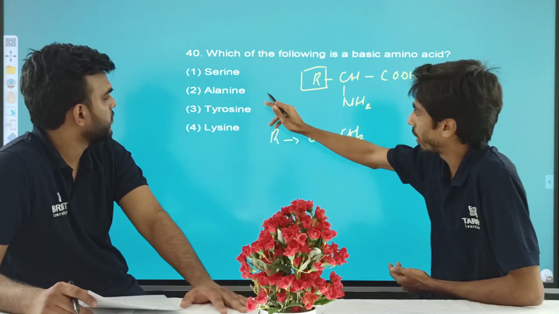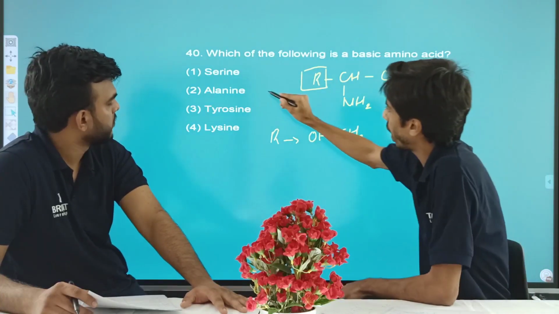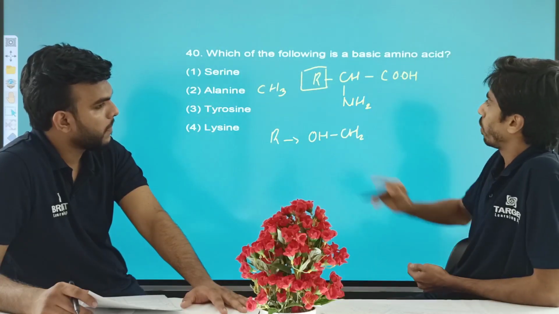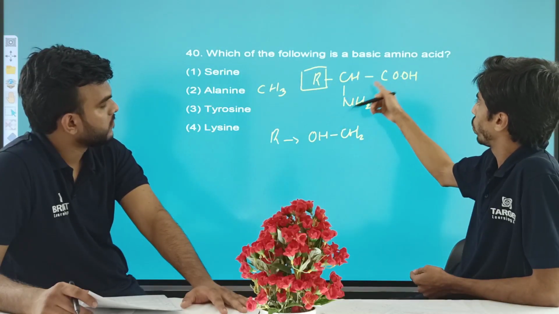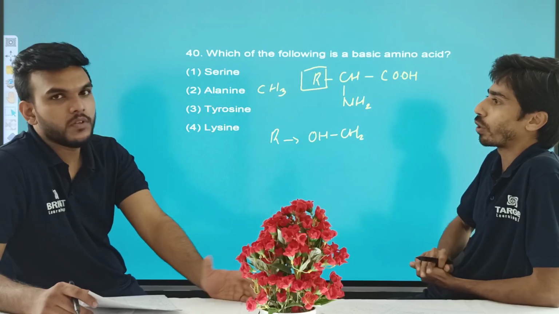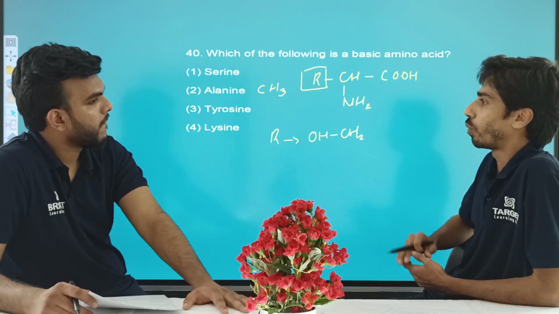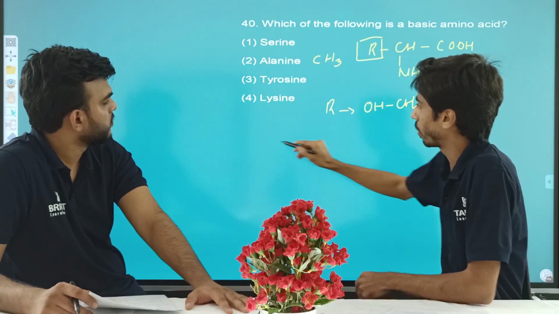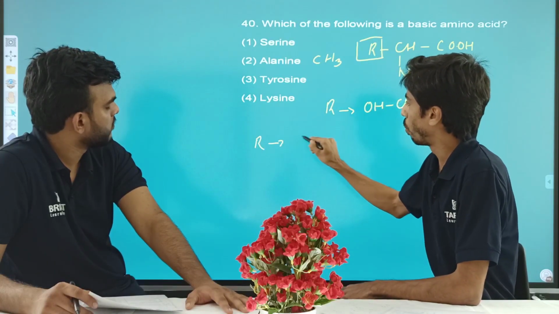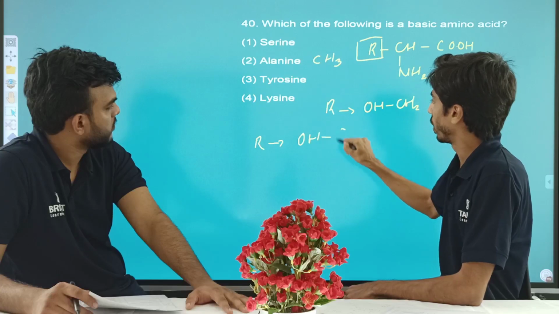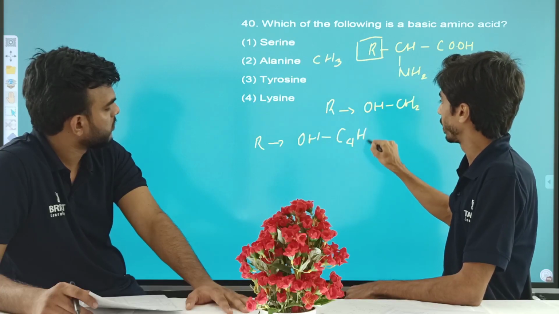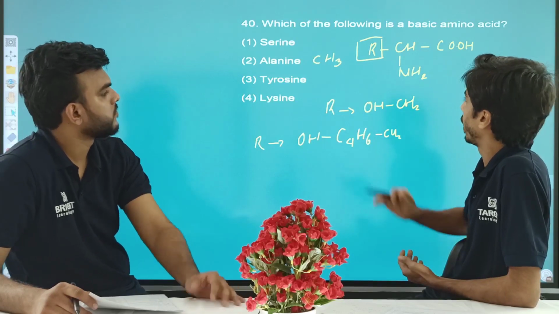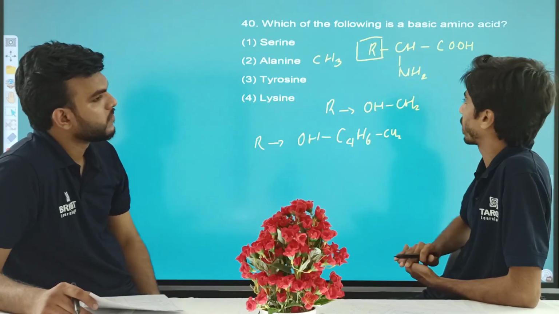In alanine, the R part is CH3, so it will be CH3, CHNH2, COOH. Here also we are not introducing any NH2 or OH or COOH group. In tyrosine, the R part will be OH, C6H4, CH2. Here also we don't have any extra NH2 or extra COOH.